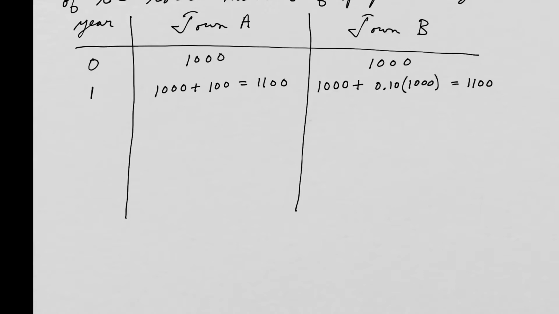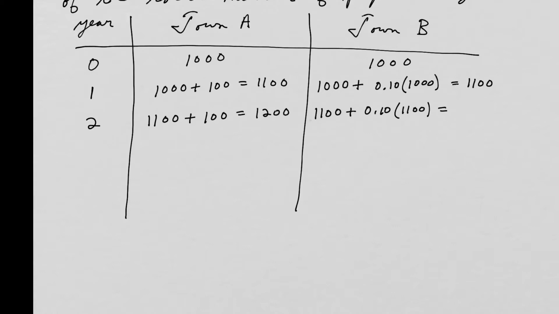Okay, year 2, the population of town A will be the previous year's population, 1,100, plus another 100 individuals, so that would be 1,200. For town B, it'll be the population of the previous year, 1,100, plus 10% of 1,100.